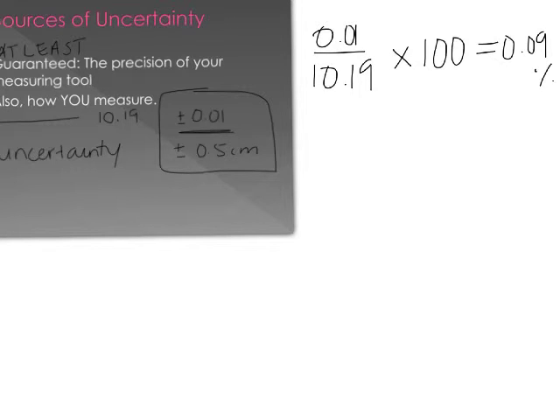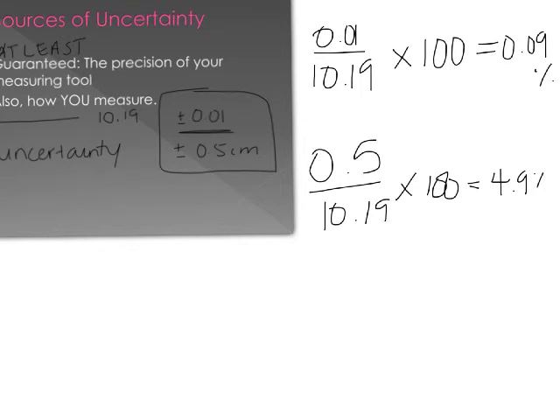Let's try our still somewhat gracious but higher level of uncertainty, the 0.5 centimeters divided by 10.19, then multiply that by 100. So 0.5 divided by 10.19, and times 100, and that gives you a 4.9% uncertainty.